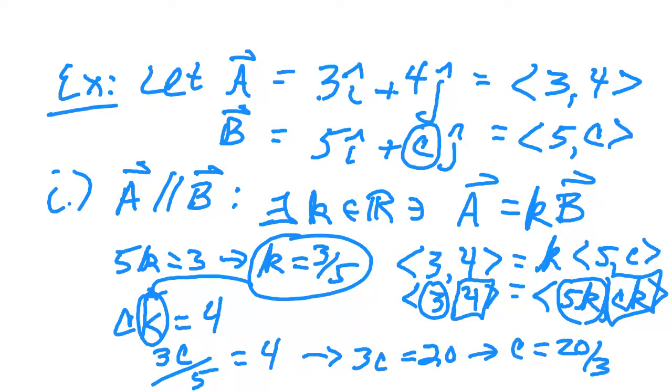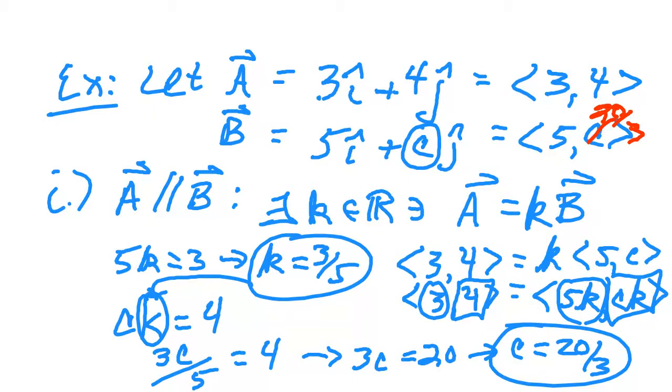That's what we're looking for to be parallel. Anyway, that should help out. Coming back, we could check and verify that we're right. If I have 20/3 here, how do I check that they're parallel?